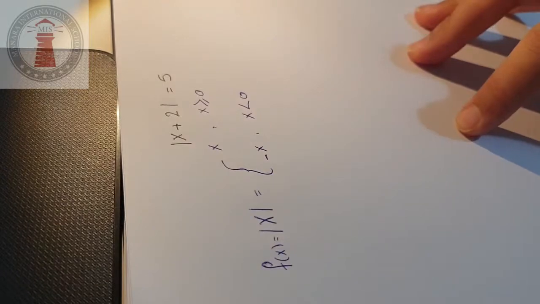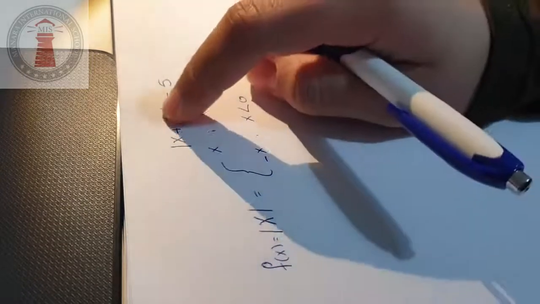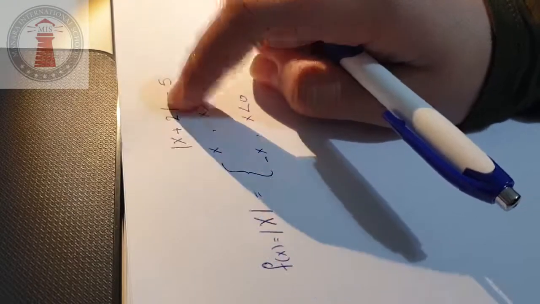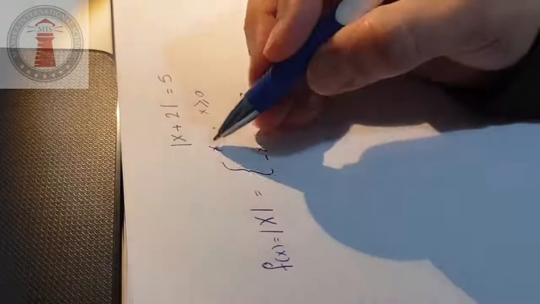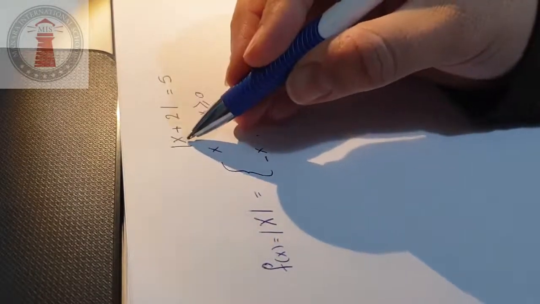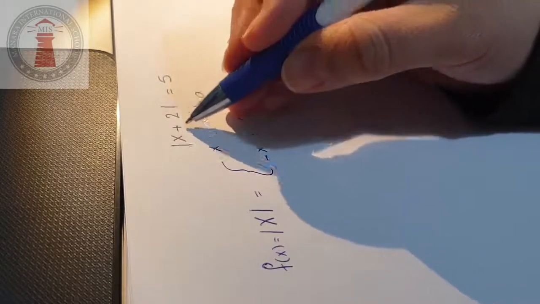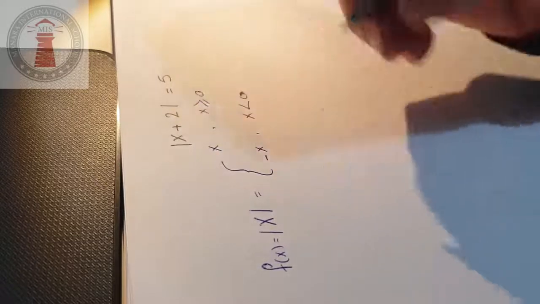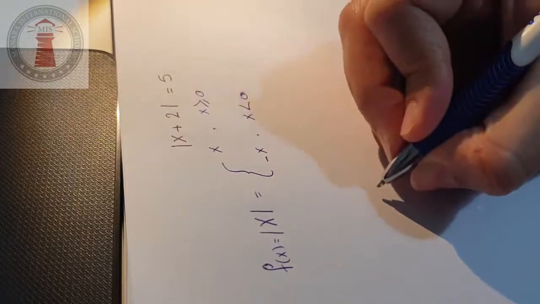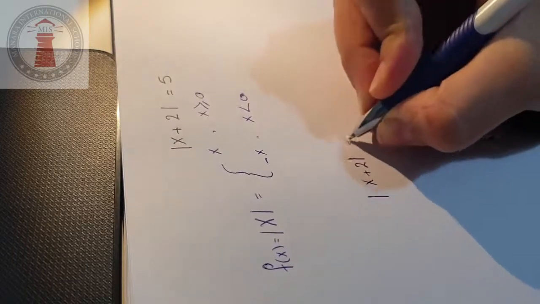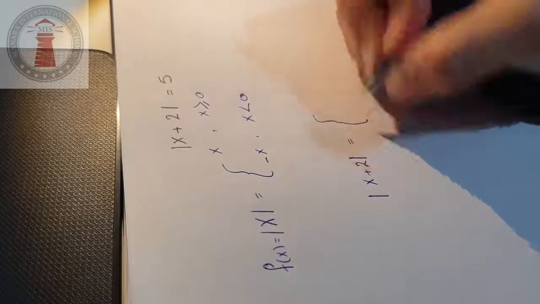We're going to do exactly the same once we have an absolute value equation like this one. So instead of x, we're going to put anything that is inside the absolute value notation. What is inside here is x plus 2. So the absolute value of x plus 2 is equal to, here we have two cases.